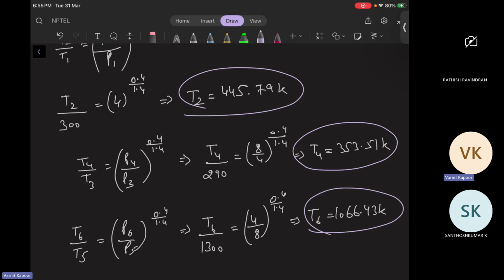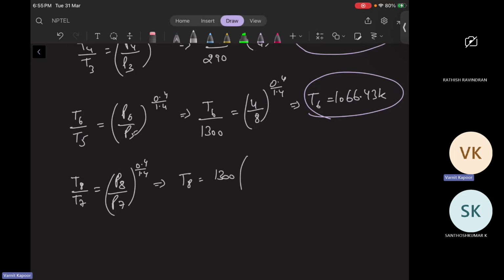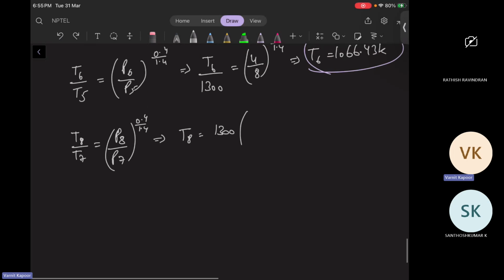Now between T7 and T8, again, we can apply this. T8 by T7 is equal to (P8 by P7) to the power of 0.4 by 1.4. T8 you don't know, but T7 is again 1300. P8 is 1 and P7 is 4, so 1 by 4 to the power of 0.4 by 1.4.